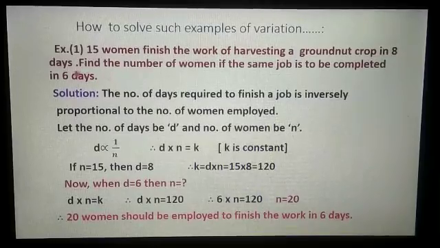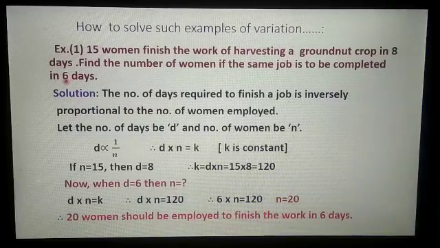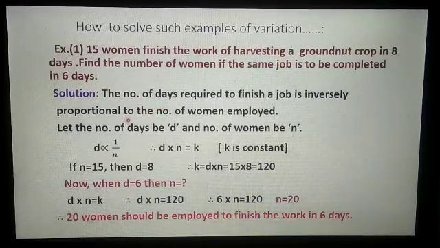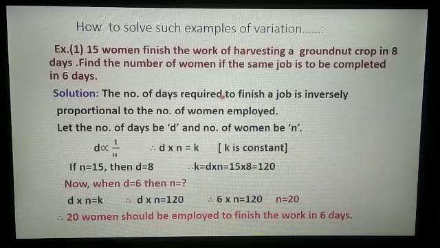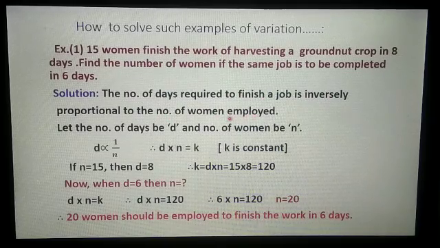First, the number of women is 15 and days required are 8, and then 6 days. So the number of days is less. So such type of examples are inversely proportional. Okay, inverse variation. So the number of days required to finish a job is inversely proportional to the number of women employed. Such a statement you have to write.